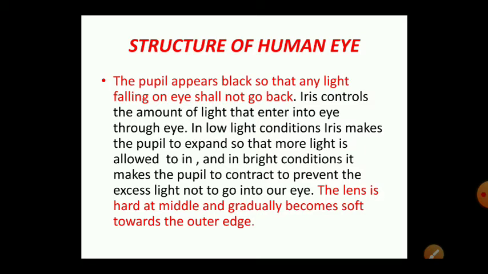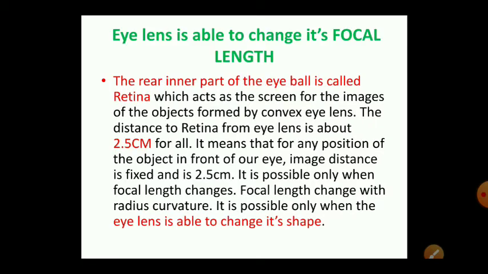And the lens is the eye lens. The eye lens is behind the iris. Our eye lens is hard at the middle and gradually becomes soft towards the outer edges.